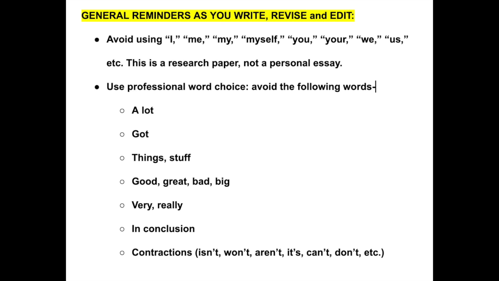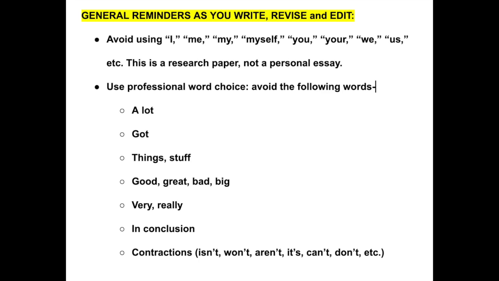So anything personal like I, me, my, us, we, anything that includes yourself or directly talks to the reader as you, like you should believe this, because the idea is that you're trying not to sound overly biased and also preachy, and so you're trying to maintain that level of professionalism and making sure to persuade your reader about the issue and not to necessarily follow you as a person. So it's the issues, not the people.